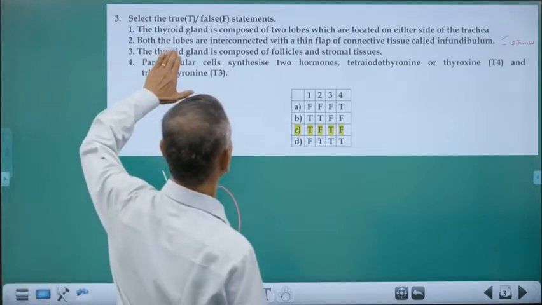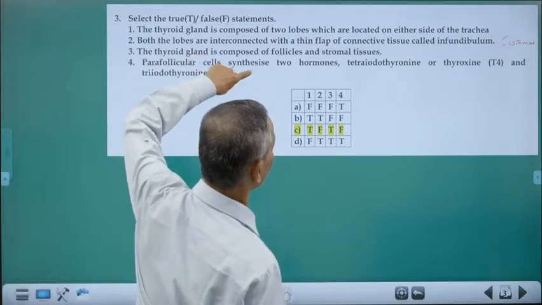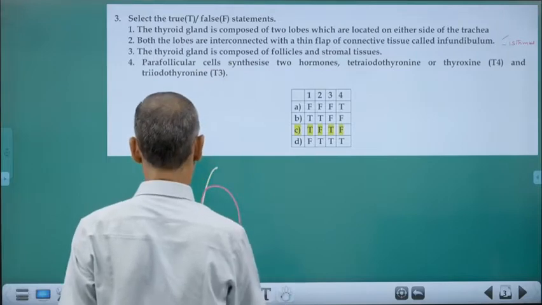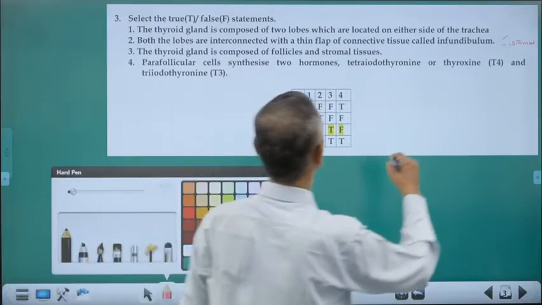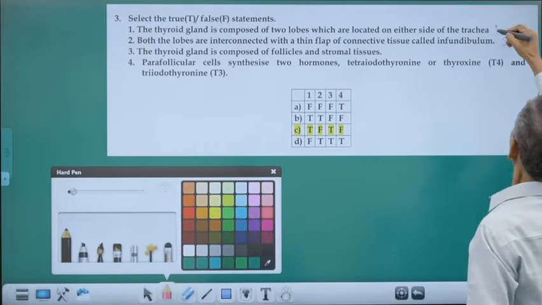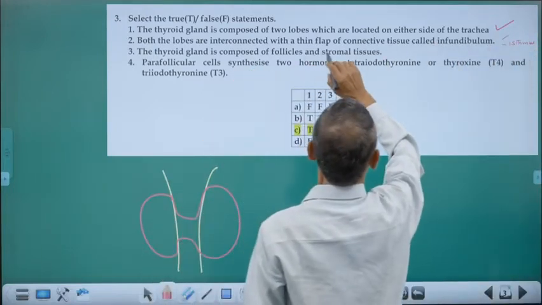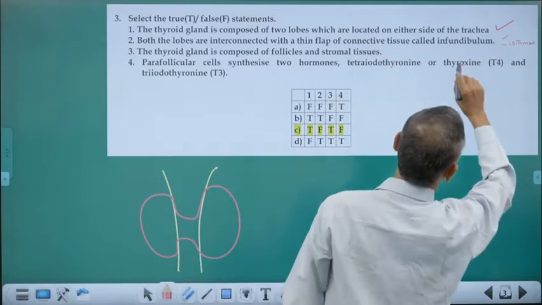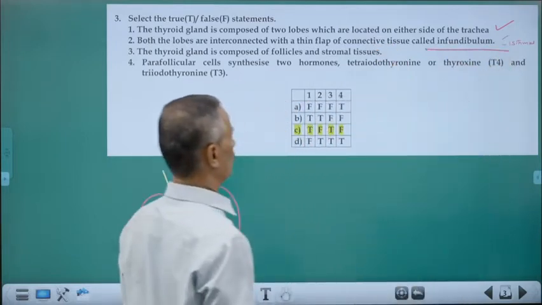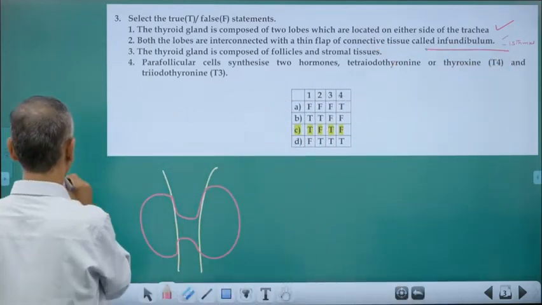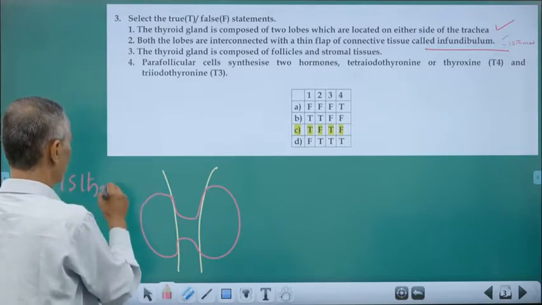So thyroid gland is composed of two lobes which are located on either side of the trachea. Correct? Both the lobes are connected together with a flap of connective tissue called infundibulum. No, it is isthmus. This is called isthmus. Isthmus means bridge.